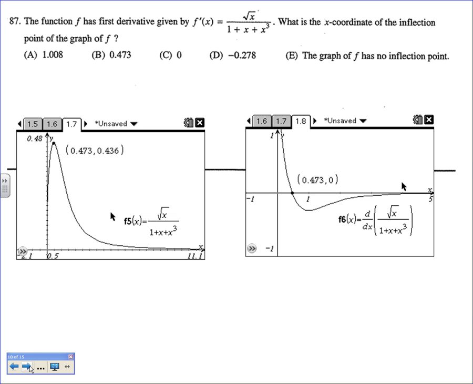On number 87, we have the first derivative, and we're asked about the x-coordinate of the inflection point. My approach is that an inflection point occurs when the first derivative goes from increase to decrease.